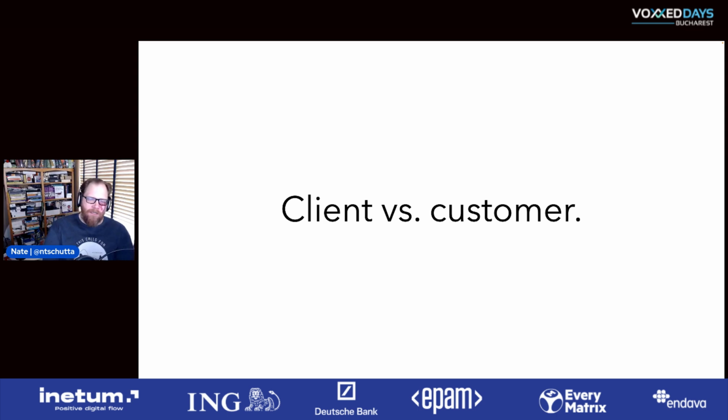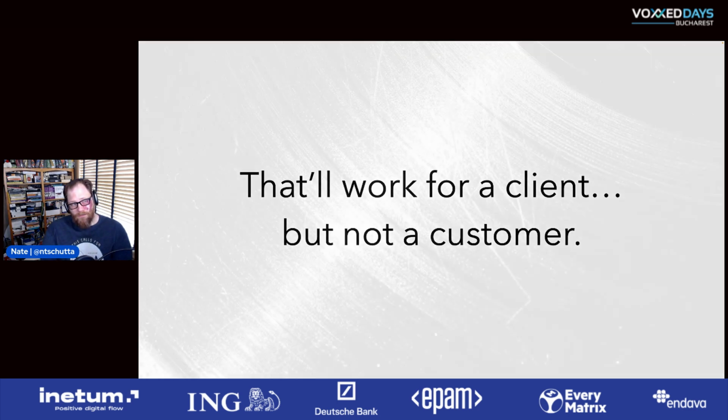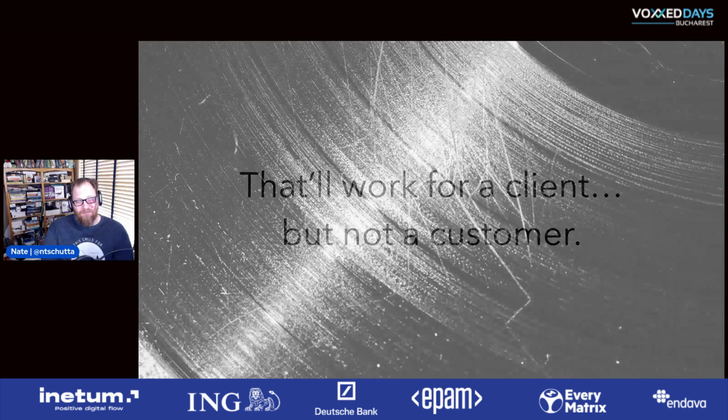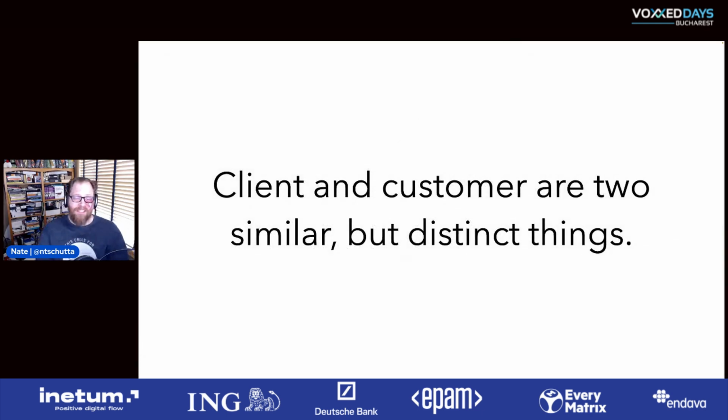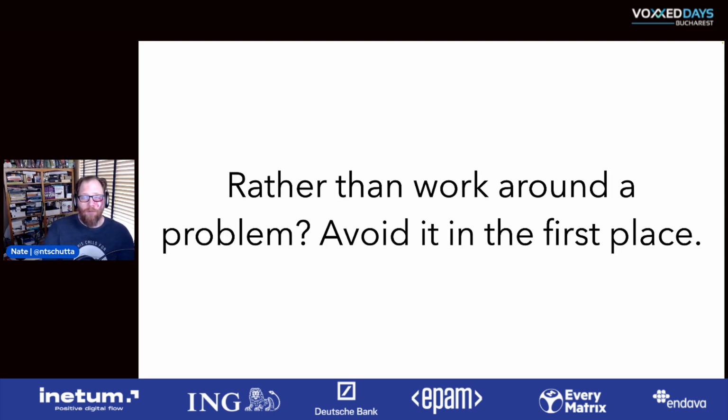And then they were in a meeting, and their PO said, well, that'll work for a client, but not a customer. Cue record scratch. Well, it turns out with a little bit of digging that client and customer are similar, but very distinct concepts. Now, no amount of testing, no amount of type systems is ever going to find an error of misconception. It is far better to avoid the problem in the first place than try to work around it later.